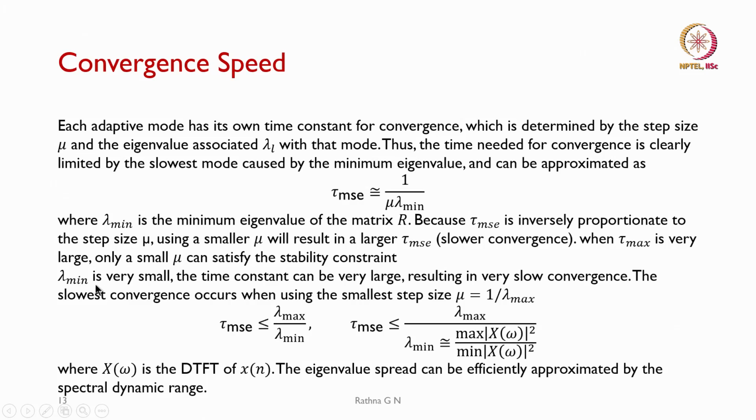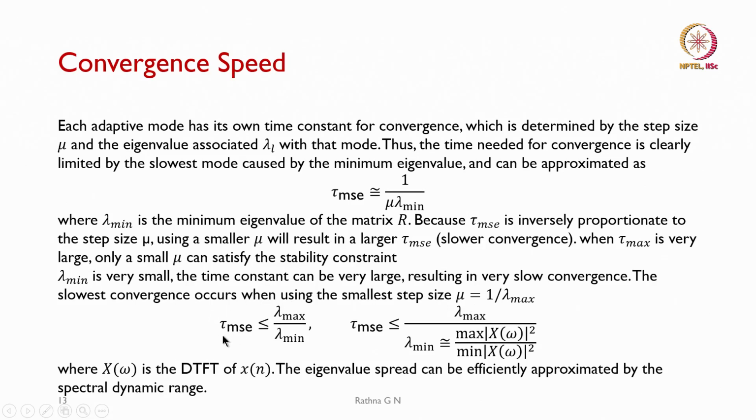If lambda minimum is very small, the time constant can be very large, resulting in very slow convergence. The slowest convergence occurs when using the smallest step size, mu equal to 1 by lambda max. Both are inversely proportional to the step size mu and lambda minimum, so both contribute to the slow convergence of the adaptive filter.